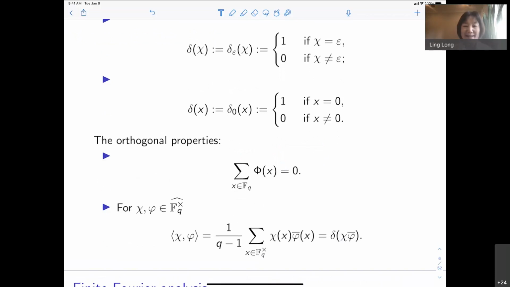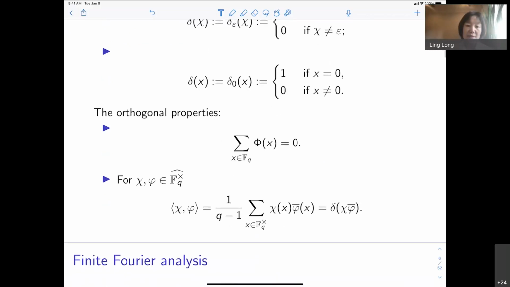Right? And because characters have a lot of orthogonality properties, one of them is that if you apply the additive character and sum over all elements in the finite field, you are summing over a bunch of roots of unity, so what you get is 0. The other is the orthogonality for multiplicative characters.